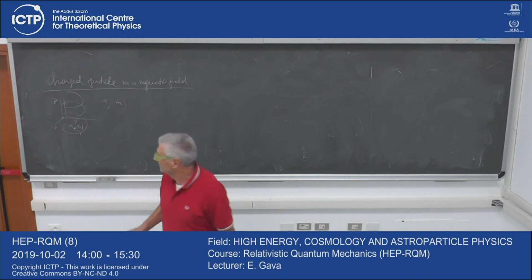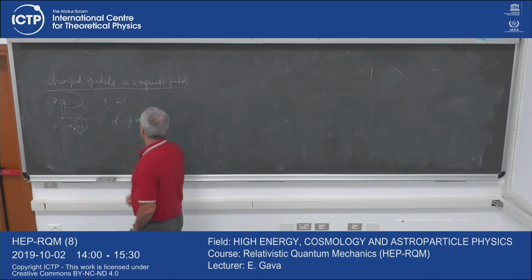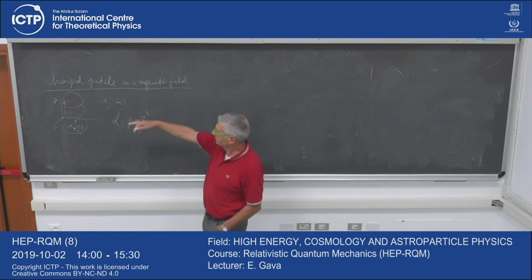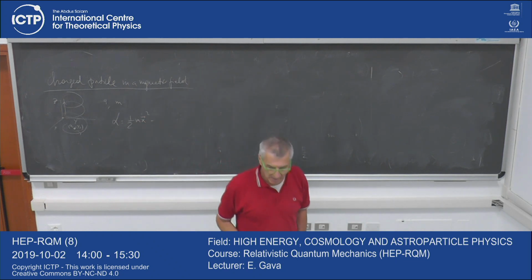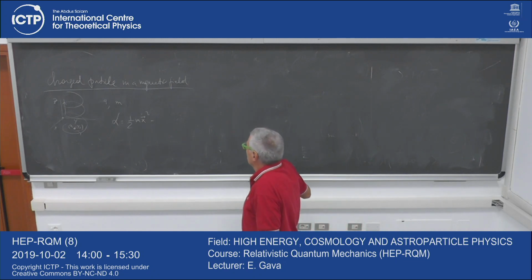So the classical Lagrangian is 1/2 m x dot squared. And then you have the interaction with the magnetic field, or in general there could also be some electric field.